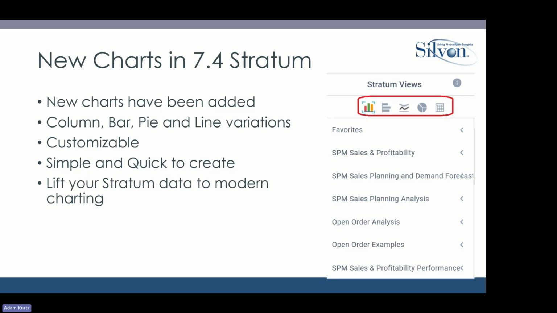You can do maps, you can do gauges, so you can get pretty sophisticated with it, or a data grid if you just want to show a table of data, or a drillable table of data. You can do both. So it's pretty customizable as it boils down, and pretty simple and quick. You're not gonna spend days and weeks building these. And basically lift your data into more of a modern charting look and feel.